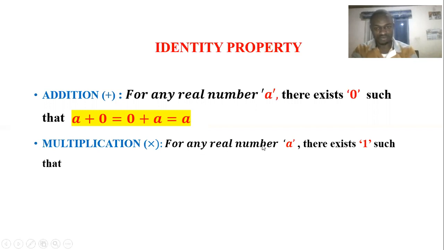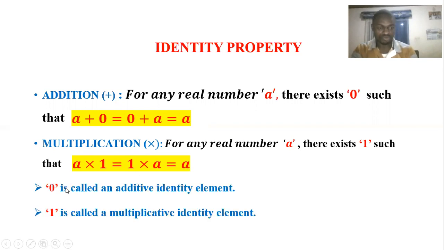For any given real number A, there exists 1 such that A times 1 is equal to 1 times A, which is equal to A. Now, since all real numbers satisfy these two conditions, we say that 0 is called an additive identity element, while 1 is called a multiplicative identity element.